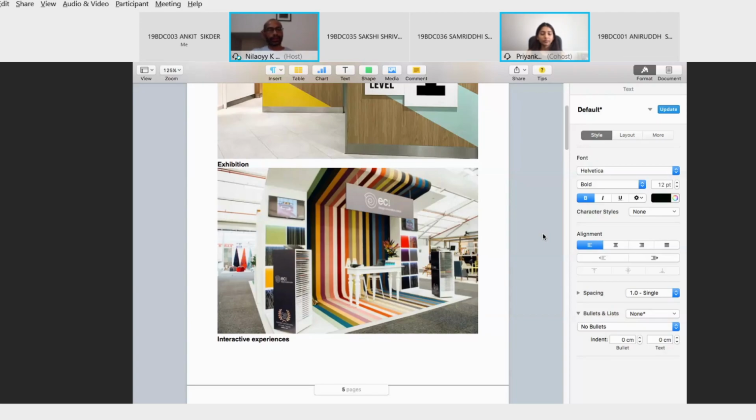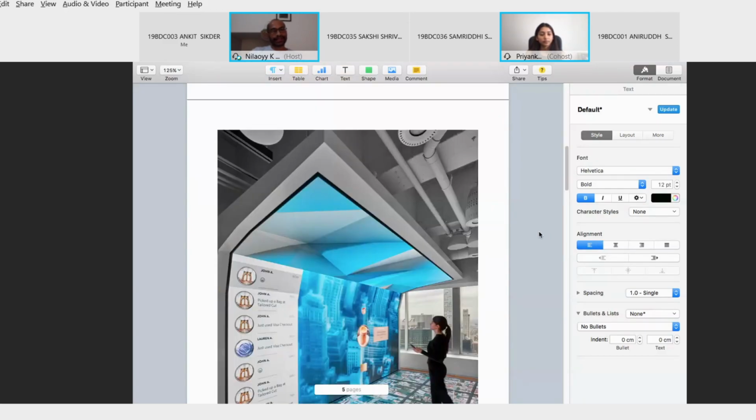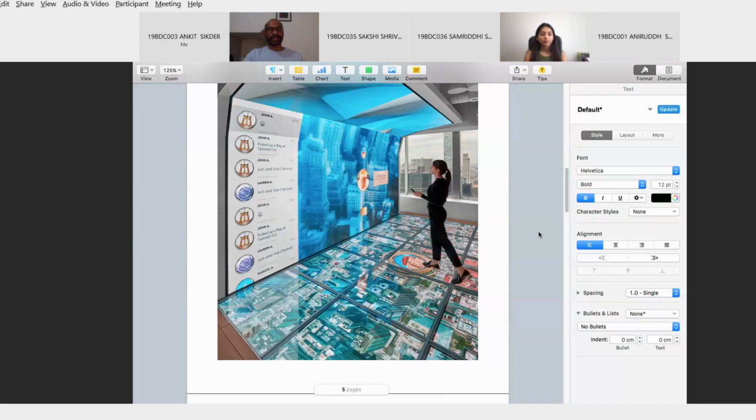This is very elaborate and expensive, but of course, you can think. Here you see in the lobby like this, they're interactive. They are mostly touch screen or sensor based.